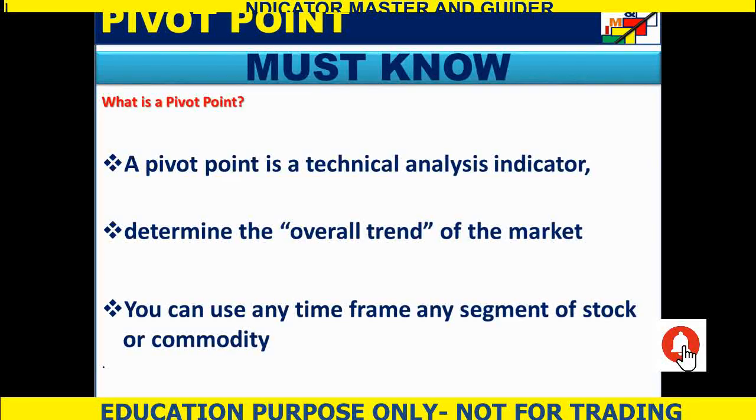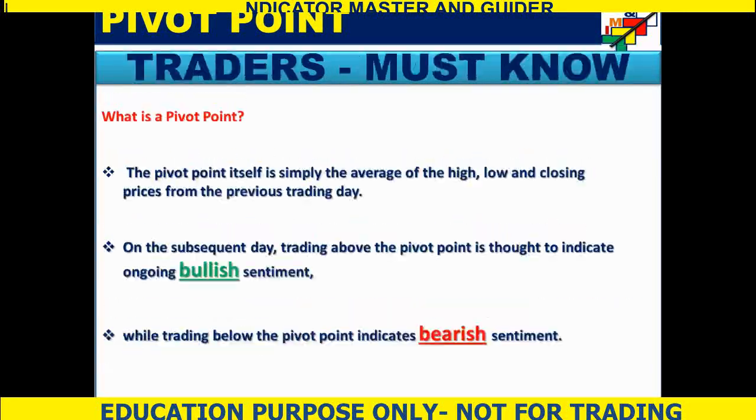You can use any time frame, any segment of stock or commodity. This pivot point indicator can be used in the stock market or commodity market, anywhere. Even in the forex market, this pivot point will be very helpful to you.